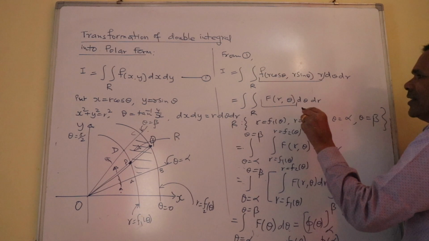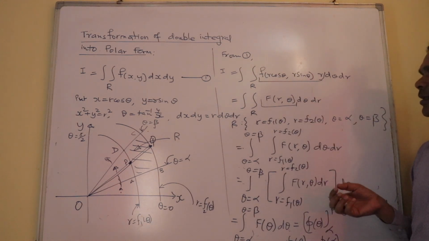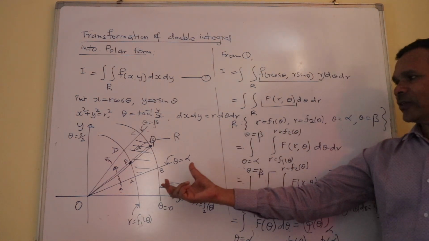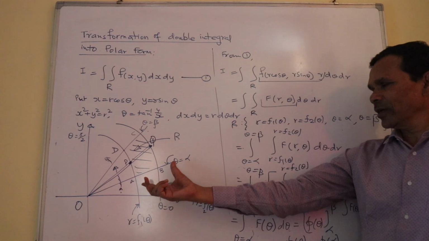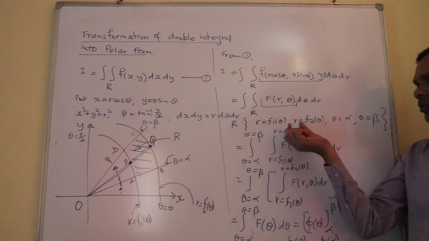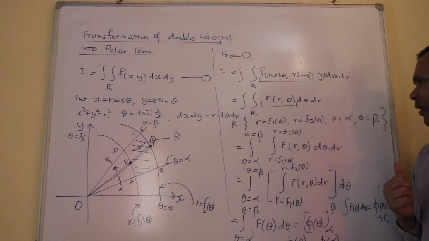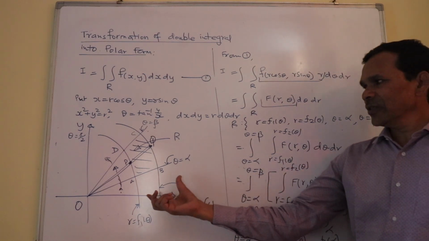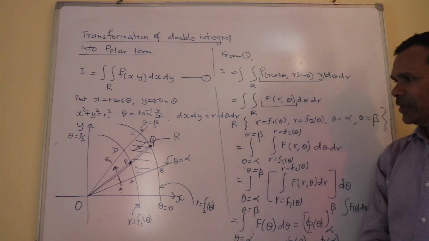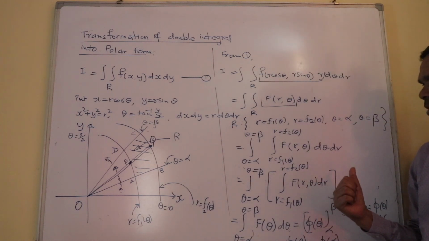I will consider this as capital F of r, theta, where R is this region that is located in the figure or in the diagram. R is bounded by r equal to f1 theta, r equal to f2 theta, theta equal to alpha, theta equal to beta. This is customary to denote the region of integration in polar coordinates.